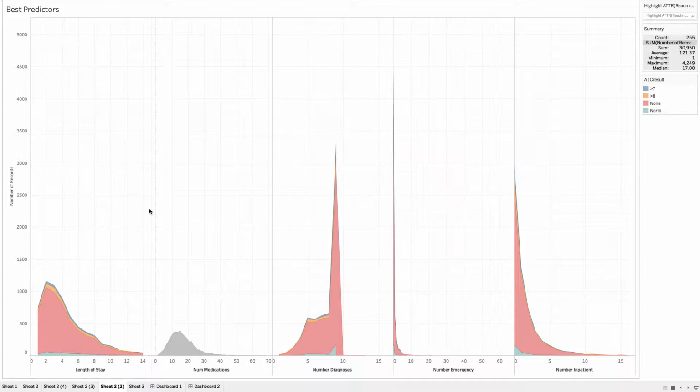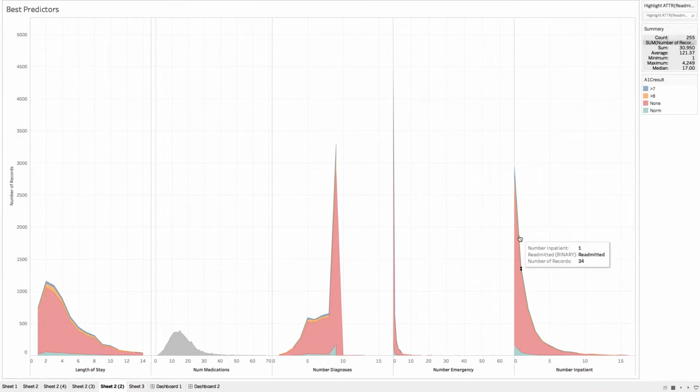And for here, I used the numeric variables, which were length of stay, a number of medications that were administered during admissions, and number of diagnoses that they had, a number of emergency admissions, and number of inpatients. So basically means that number of inpatient admissions.